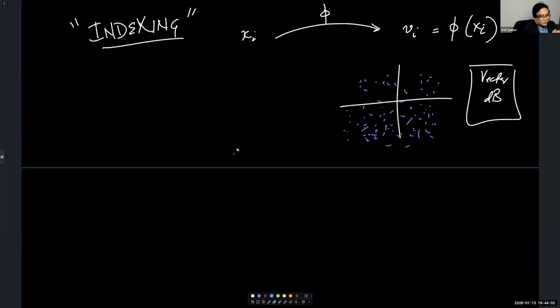But indexing. So what does indexing mean? Looking at this picture, populating this page with lots of dots, where each document is a dot. You're done with indexing. You have 100 billion dots sitting on this page, right? Now, what will happen with those dots? There's something very interesting about the dots.